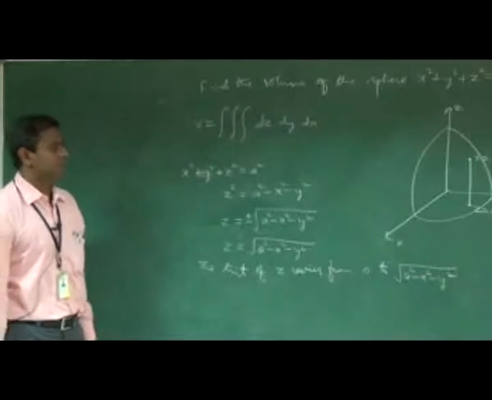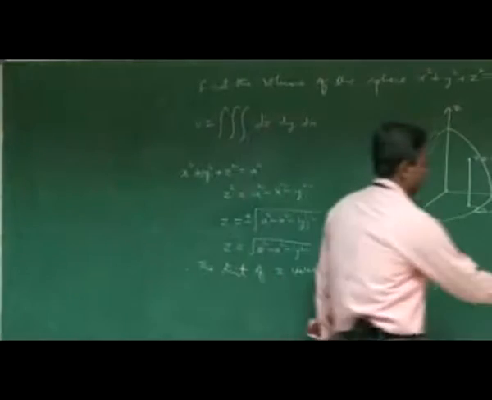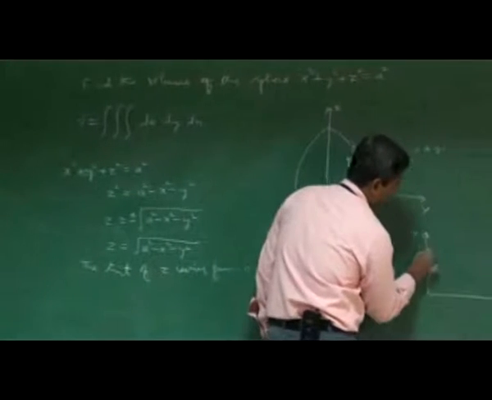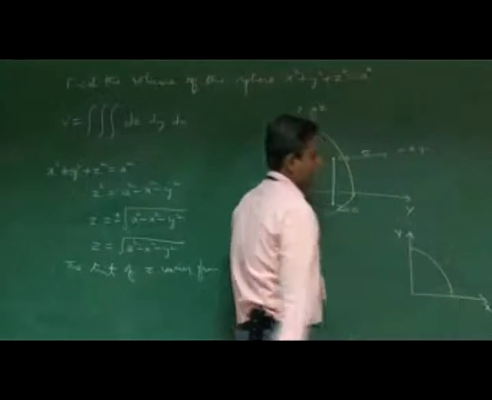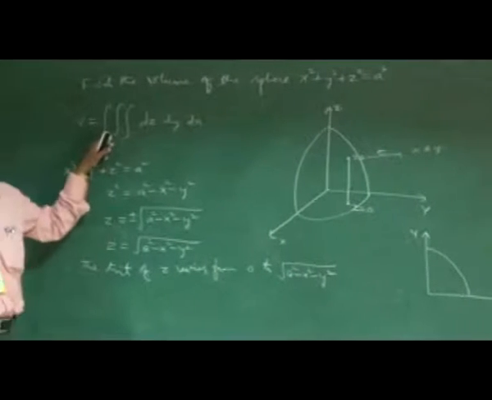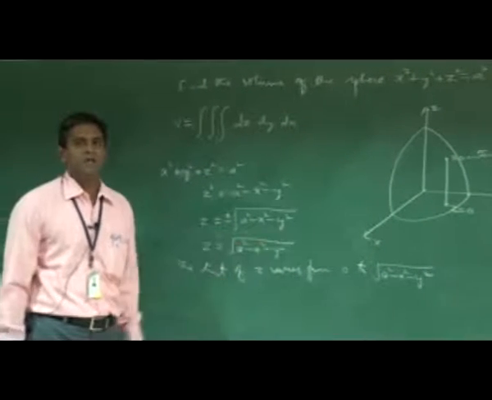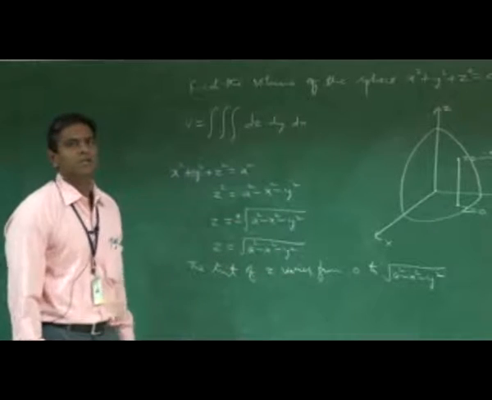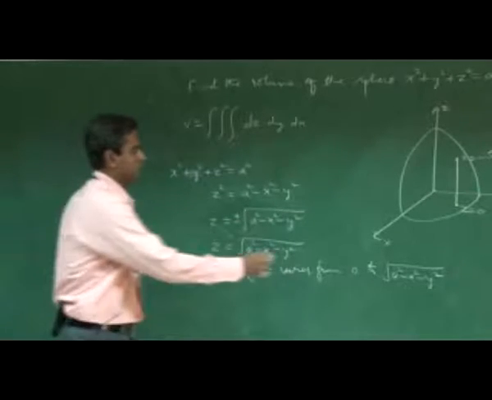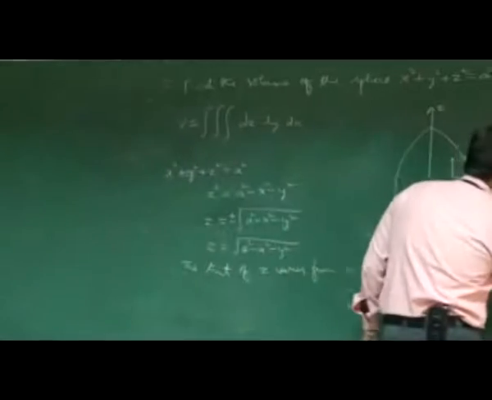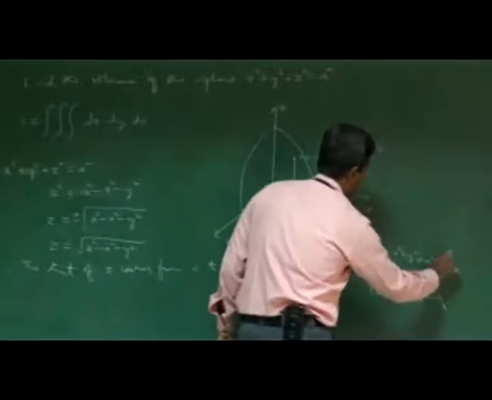And then we consider the xy plane. So we have got it like this, and in the second integration and third integration we treat it as the area of the given region, so it is easy to get the result. In the xy plane we take x squared plus y squared equals a squared.